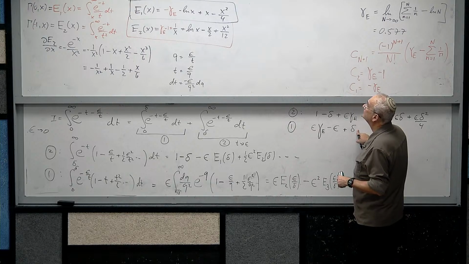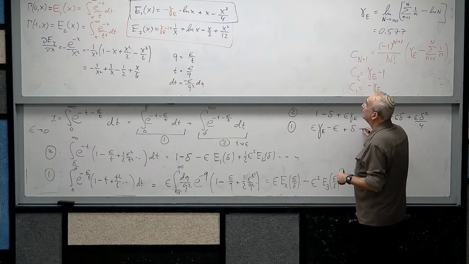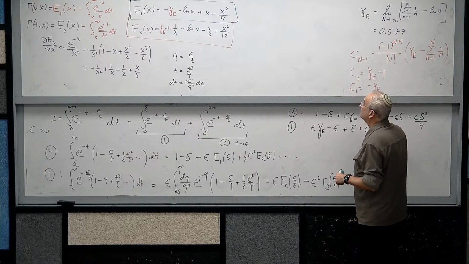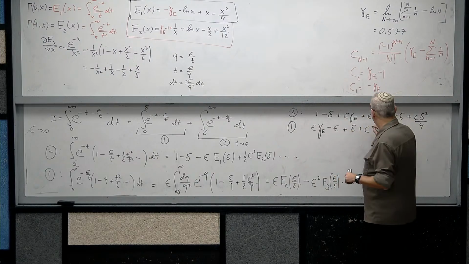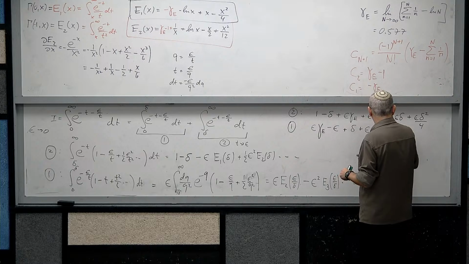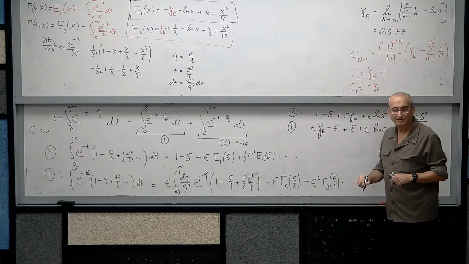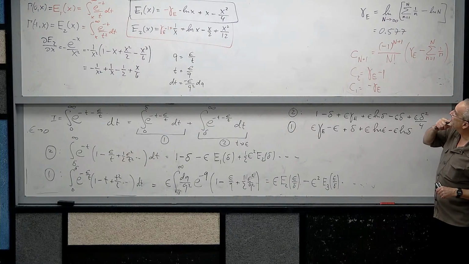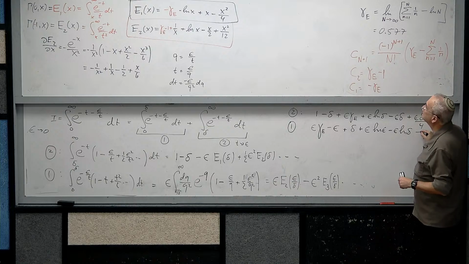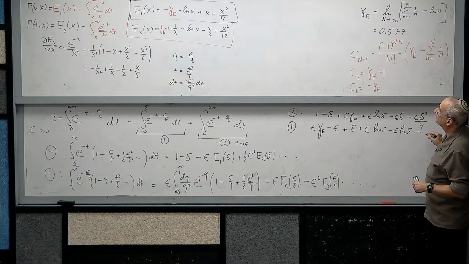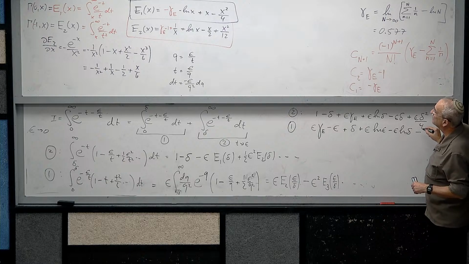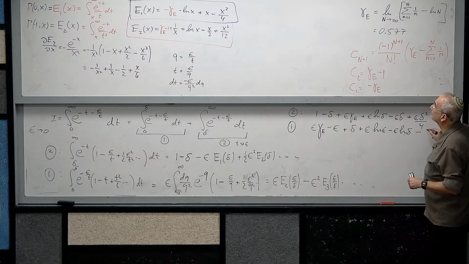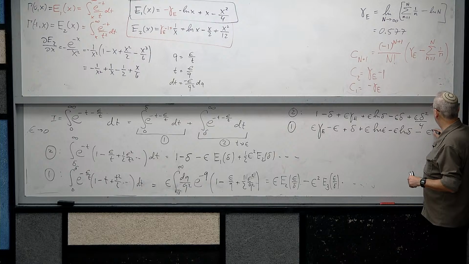The next term is plus epsilon ln of epsilon over delta, so I write it as epsilon ln epsilon minus epsilon ln delta. And the next term will be minus epsilon squared over 4 delta, I guess.